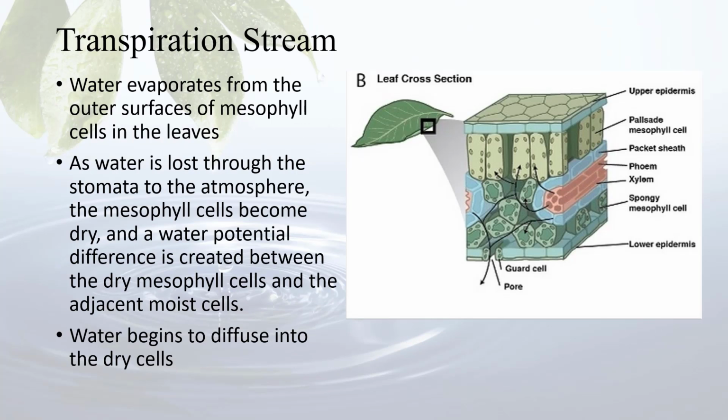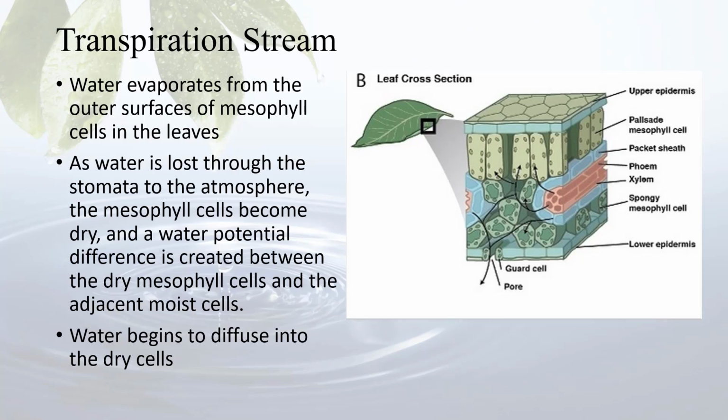So this process is referred to as the transpiration stream. As I mentioned, it's water evaporating from our leaves that results in this negative water potential that's essentially going to pull water up throughout the entire plant. If you recall from our leaf anatomy, there are those pores on most of the time the bottom of our leaves, referred to as stomata, right?